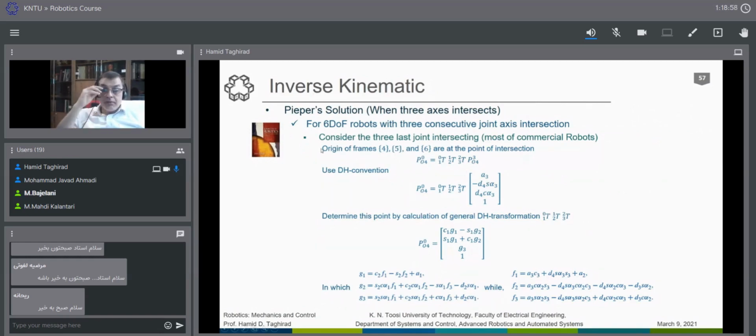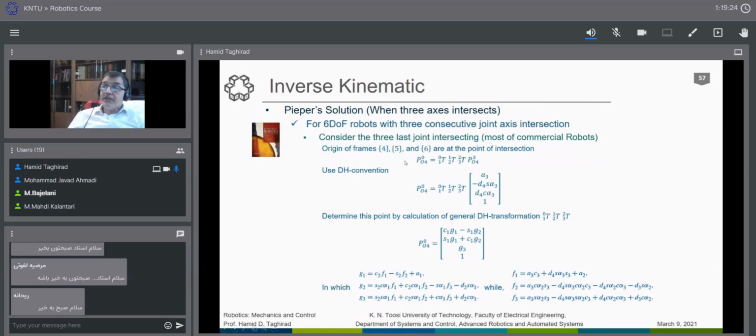To show you how this works, I use the general industrial robot that we have with three axes. The wrist position has three axes of rotation, and these three axes are usually intersecting each other, as you saw in many examples that we gave in forward kinematics.